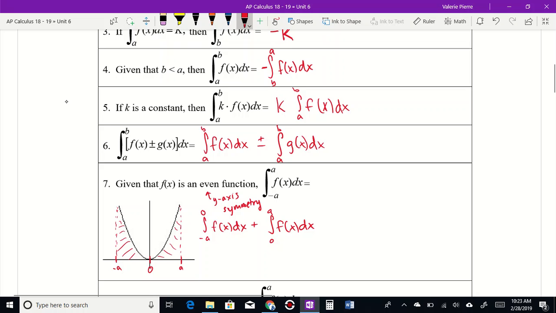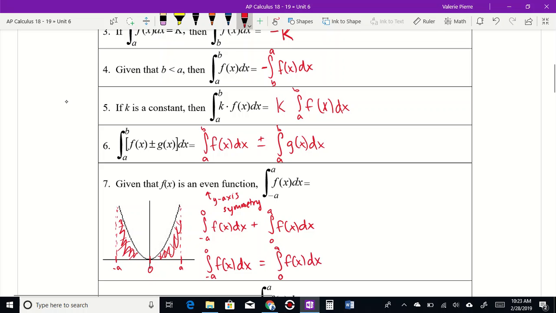Okay, and since this is an even function, the area here is equal to the area here. So we know that the integral from negative a to 0 of f of x dx is equal to the area from 0 to a of f of x dx.